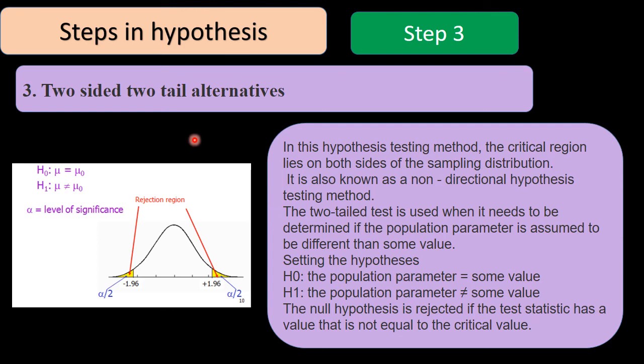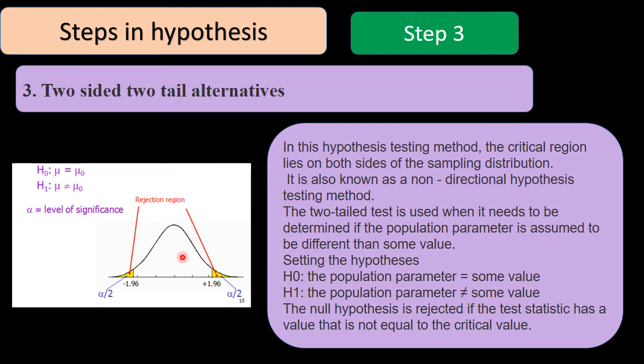Then we'll go to the two-sided, two-tail alternatives. Two-tail means there are two tails: one tail on the left side, the other tail on the right side. Then there are two critical regions, one on the left side and the other on the right side. This is called the non-directional hypothesis testing method.